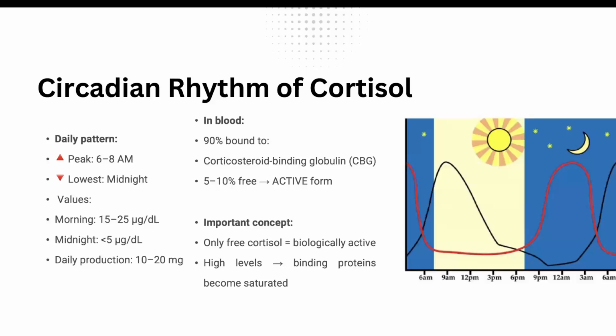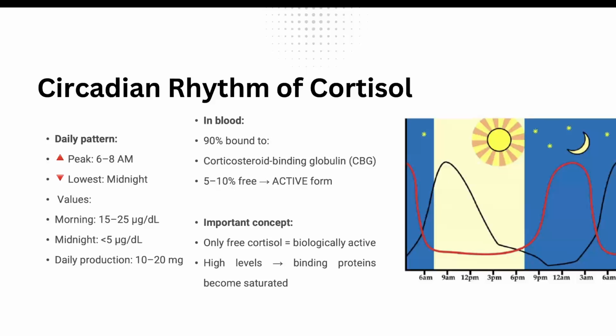In order to take benefit from this medicine, you must give the drug in a specific way, because this drug will mimic the structure of cortisol. And if you need to take 100% benefit from this drug, you must not only mimic the structure of cortisol, you must mimic the function of cortisol, and when the cortisol is at the highest level and when it is at the lowest level.